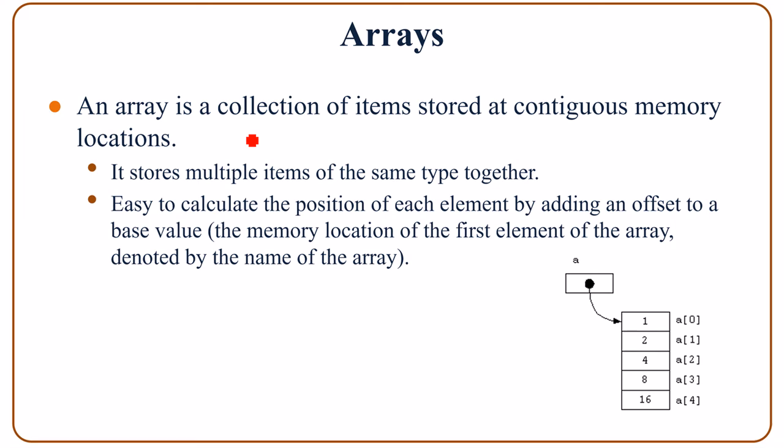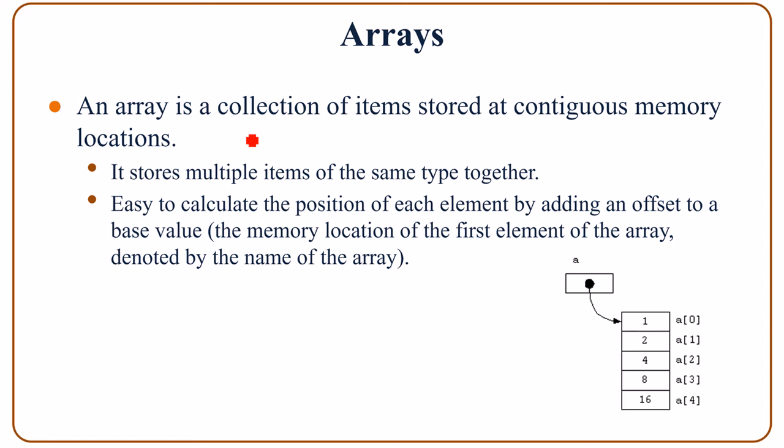For example, when we create an array, namely A, then the variable name A points to the first element, A0, which has a content of 1. And then we add offset to the base value to access other elements of the array.